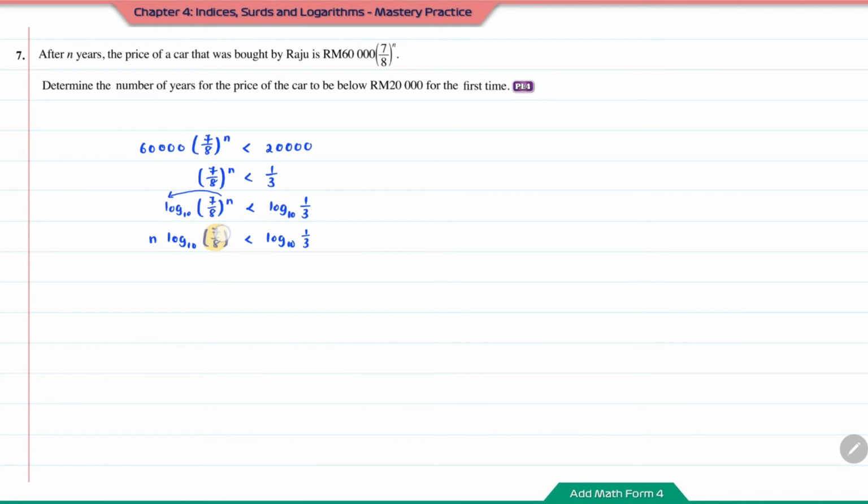Now, whenever you have the logs with the numbers less than 1, the value of the logarithm is negative. Therefore, when you move this log base 10 of 7 over 8 to the right hand side, as the value is negative, then the inequality sign here will be reversed. It will be greater than.